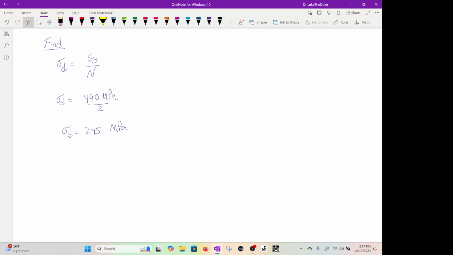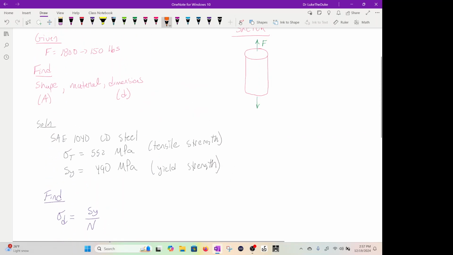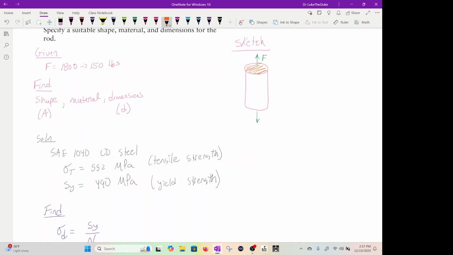All right, and so we're going to call this just sigma from now on, and it's F over A. Okay, so the force over the area, because again we're looking at this section here, right?